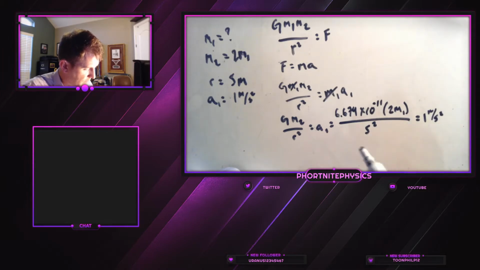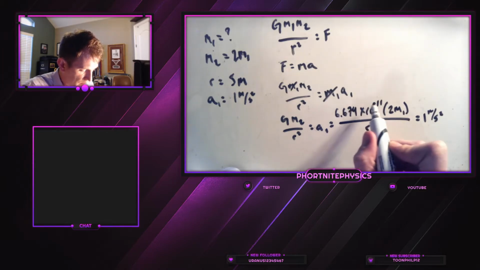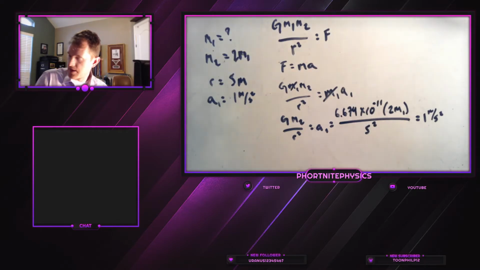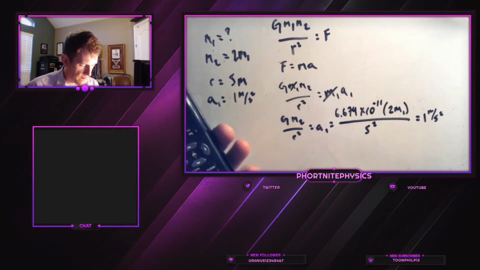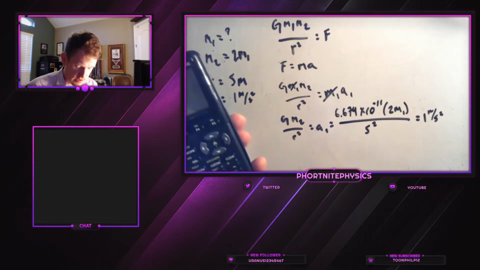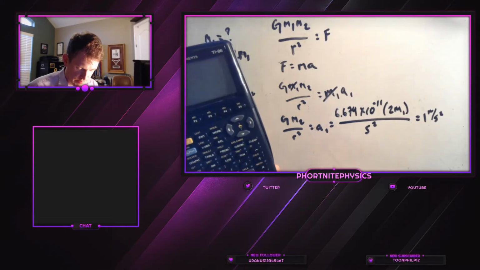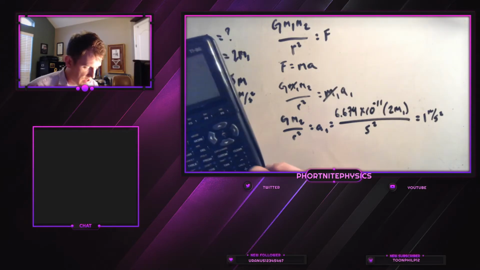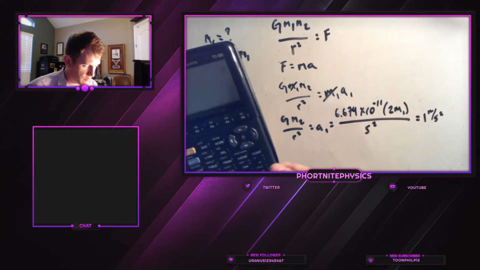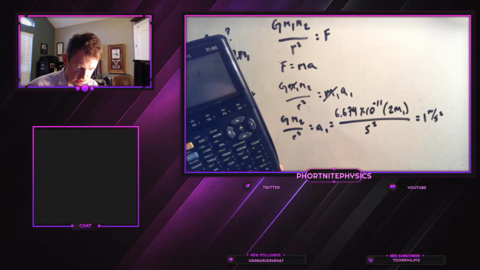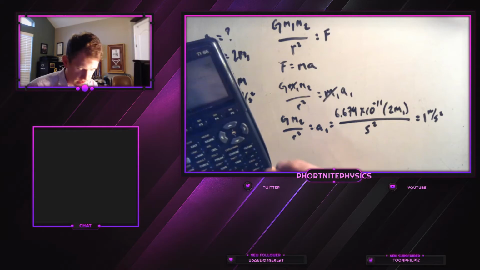So if we divide both sides by this and multiply both sides by that, let's see what we end up getting. Okay, so we're going to go ahead and do our math. 1 multiplied by 5 squared, or 25, equals 25 divided by our big G, 6.674 times 10 to the negative 11.